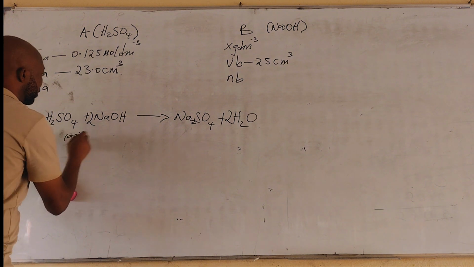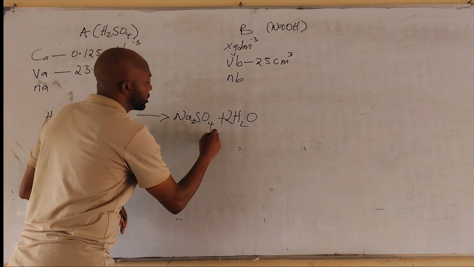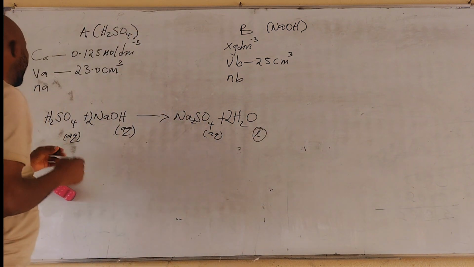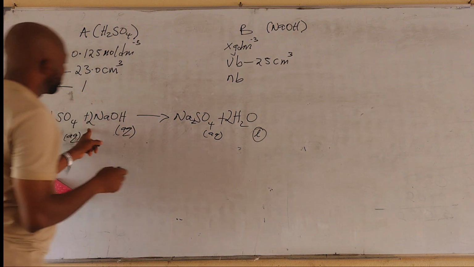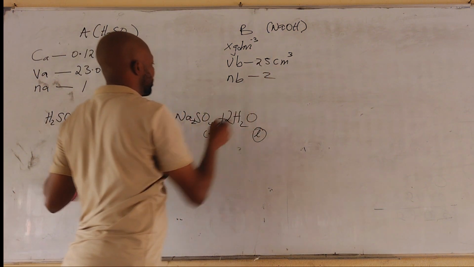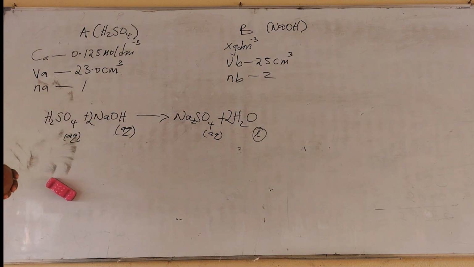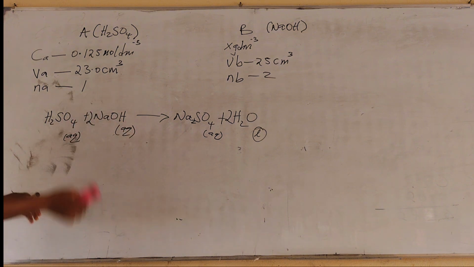Remember, this is aqueous, and liquid. So from here, number of moles of acid is 1, number of moles of base is 2. So from here we can now proceed to calculate whatever they want us to calculate. So let me take the formula out so that we can start with the solutions.